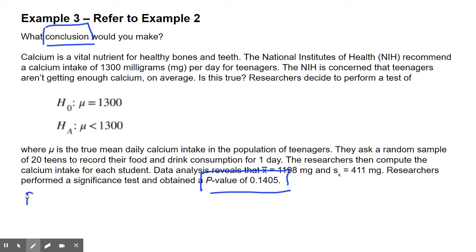So we're going to say a p-value of 0.1405 is large.